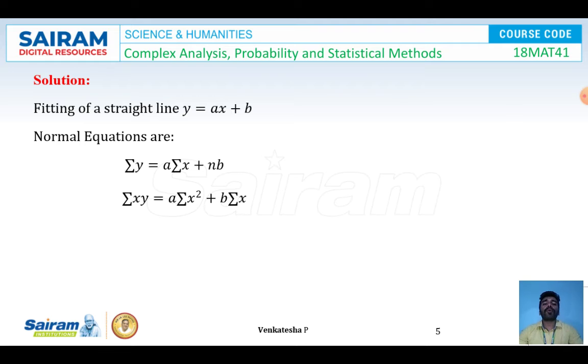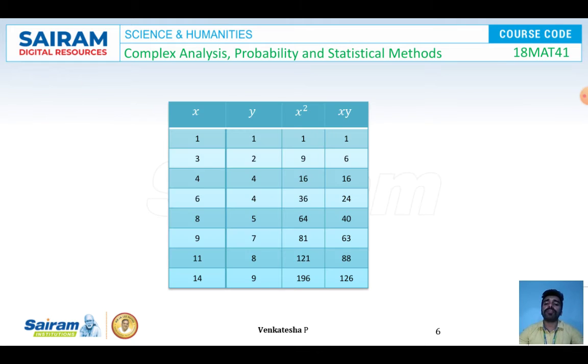So now I am going to make a tabular column to compute all these values. The tabular column must have x, y, x square and xy. So x is given by 1, 3, 4, 6, 8, 9, 11, 14 and y is given as 1, 2, 4, 4, 5, 7, 8, 9.